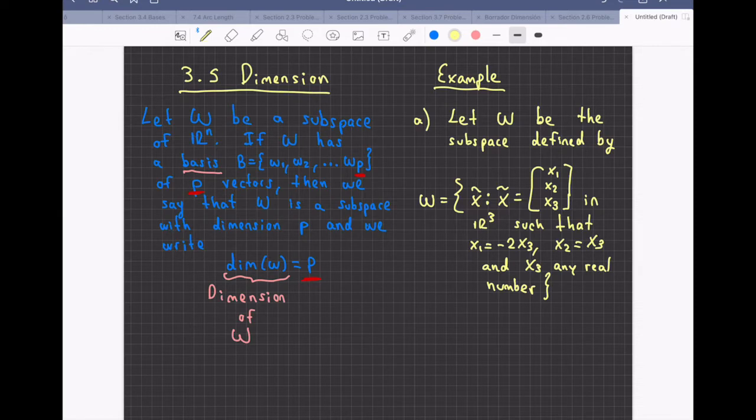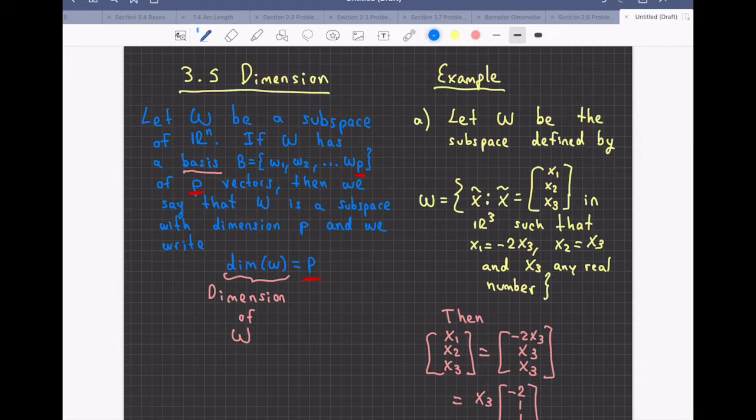Notice that for one element in this subspace, it has the form (x1, x2, x3), but x1 must be equal to negative 2x3, x2 is the same as x3, and x3 is any number. So notice, if I factor out with the scalar multiplication, I have x3 times (negative 2, 1, 1).